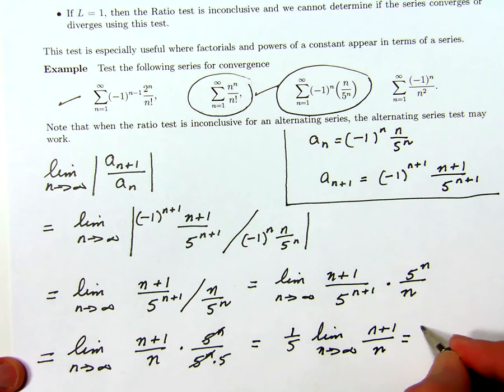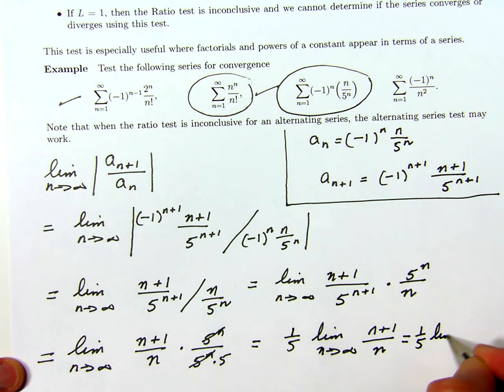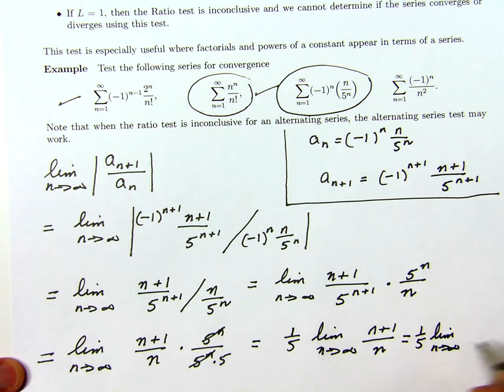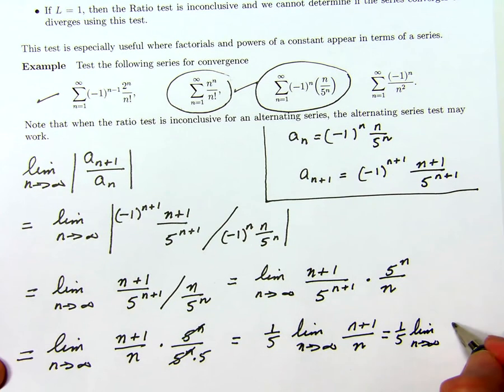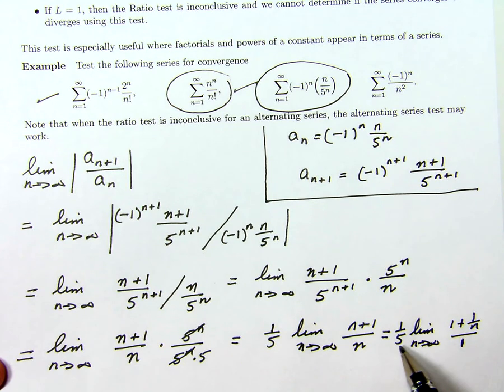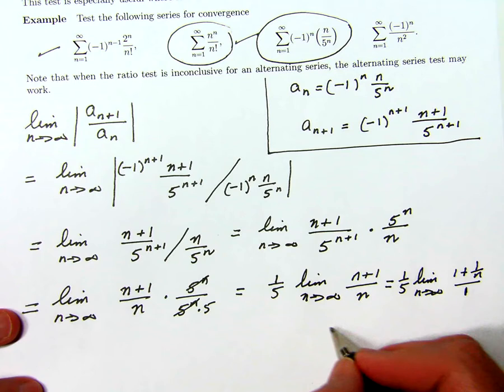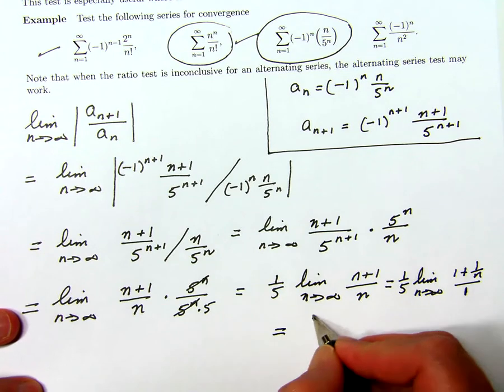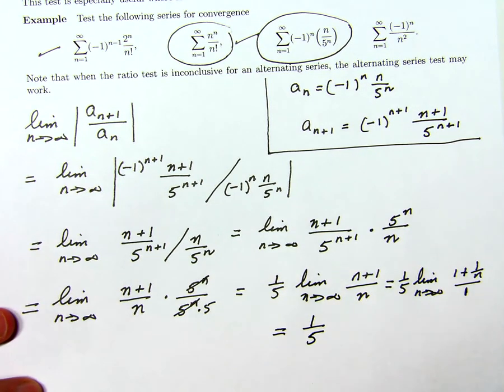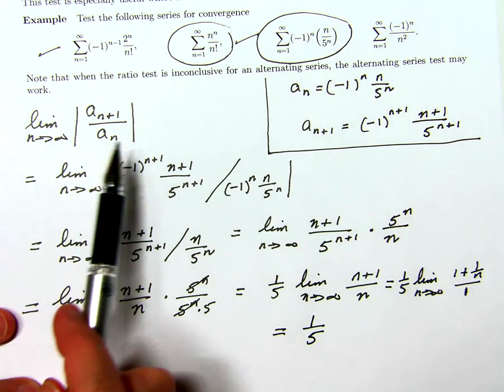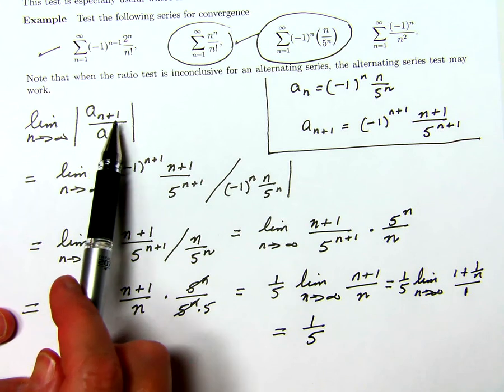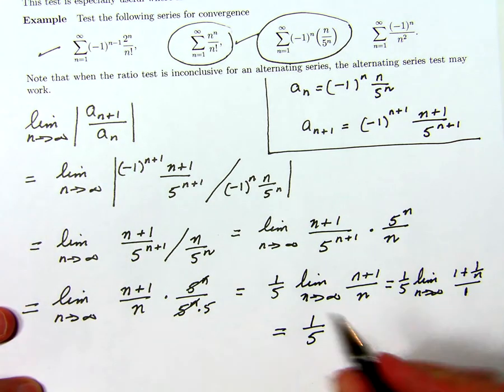And that, of course, is 1 over 5 times the limit as n goes to infinity. Dividing by n above and below, I get (1 + 1/n) over 1. And, of course, this limit is 1, and multiplied by 1 over 5 gives me 1 over 5. So my limit is 1 over 5, and that was the limit as n goes to infinity of the absolute value of a_(n+1) over a_n.